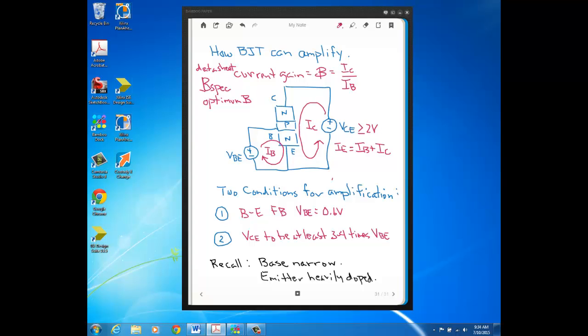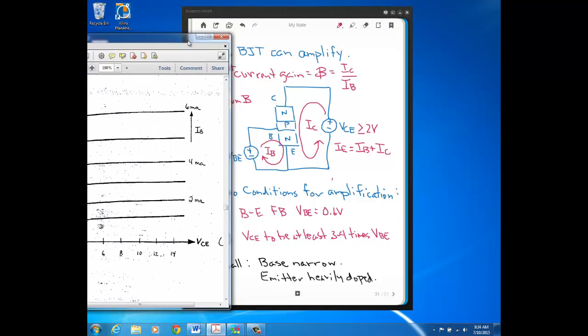See, once VCE is not at least 3 to 4 times VBE, once this voltage source value here between the collector and emitter approaches what the base to emitter voltage is, you get a more evenly split of the free charges through the transistor, which means that the ratio of IC and IB are going to approach 1.